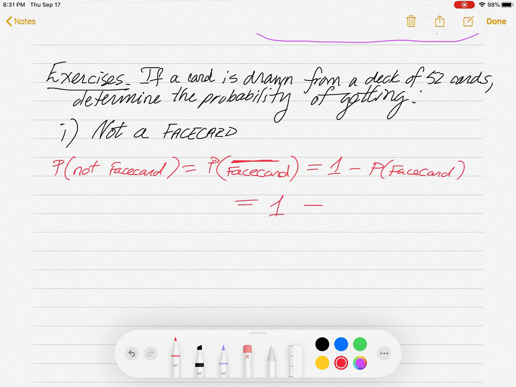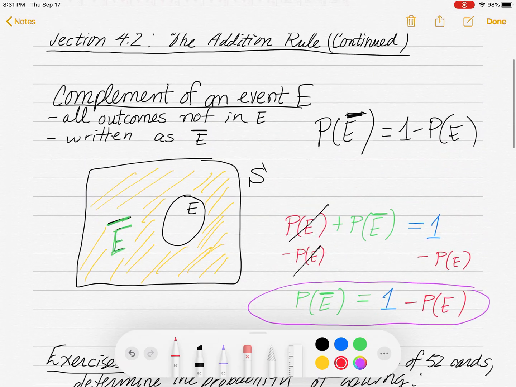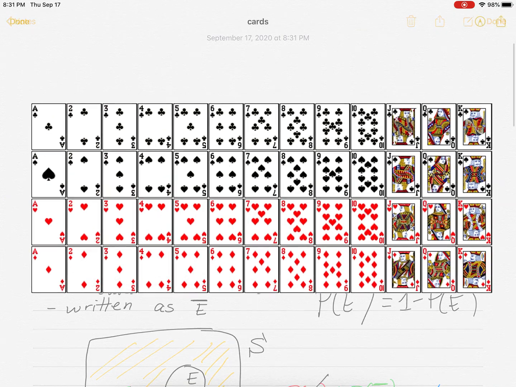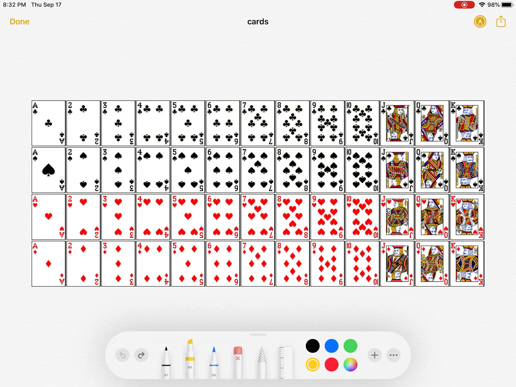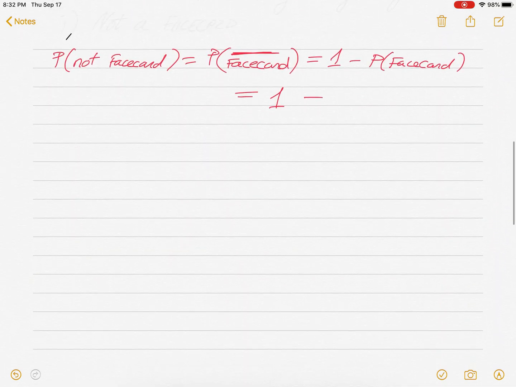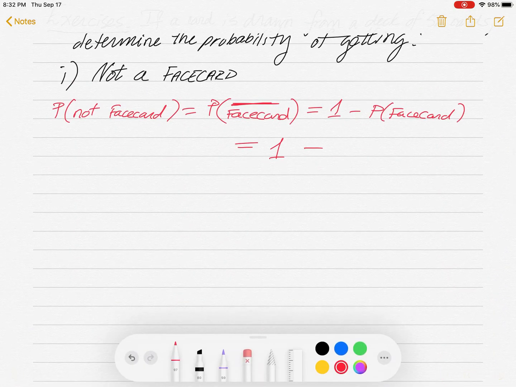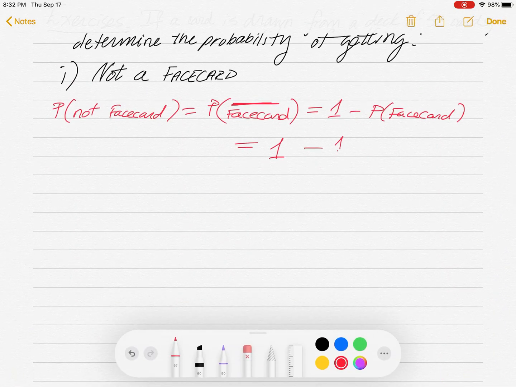So 1 minus, well, what's the probability of getting a face card? How many face cards do we have? We got 1, 2, 3, 4, 5, 6, 7, 8, 9, 10, 11, 12, right? We got 12 total face cards here. So probability of getting a face card is going to be 12 out of 52.